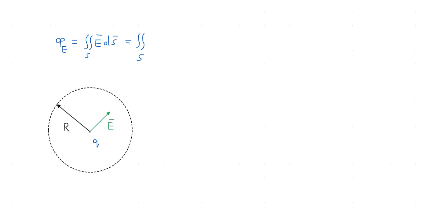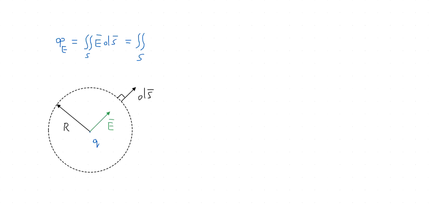This is the element of surface, ds. And the element of surface is always perpendicular to this surface. So this is a right angle between vector ds and the surface.